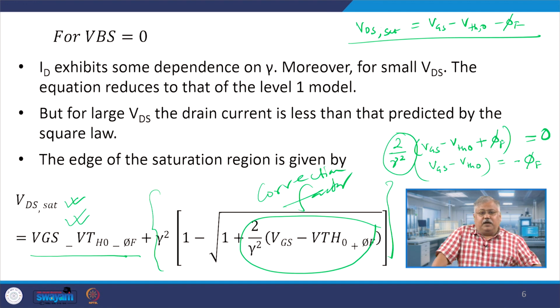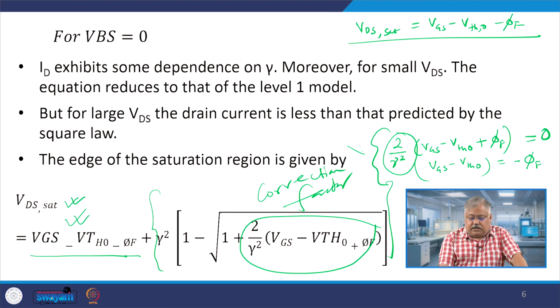So this expression explicitly tells me that VDS sat, the saturation value of the drain to source voltage, is actually dependent on the value of gamma as well, provided this quantity does not hold good.